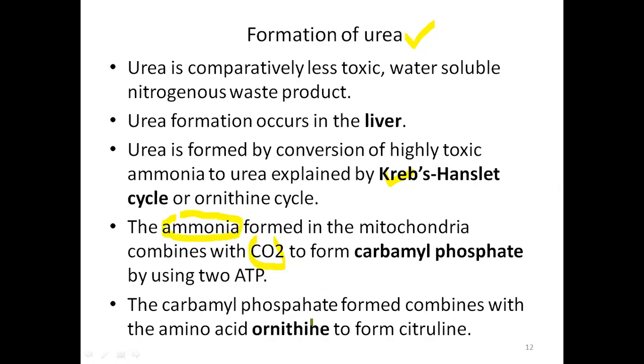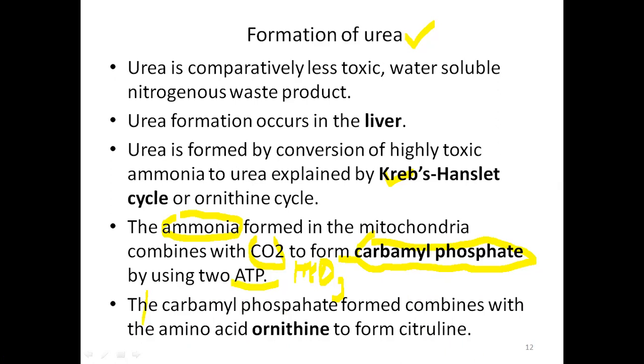In fact, the carbon dioxide in the form of bicarbonate ion, HCO3 minus, forms an important molecule known as carbamyl phosphate. Okay, so in presence of the enzyme carbamyl phosphate synthase and with the consumption of two ATP molecules, there is formation of carbamyl phosphate in the first step of the urea cycle.